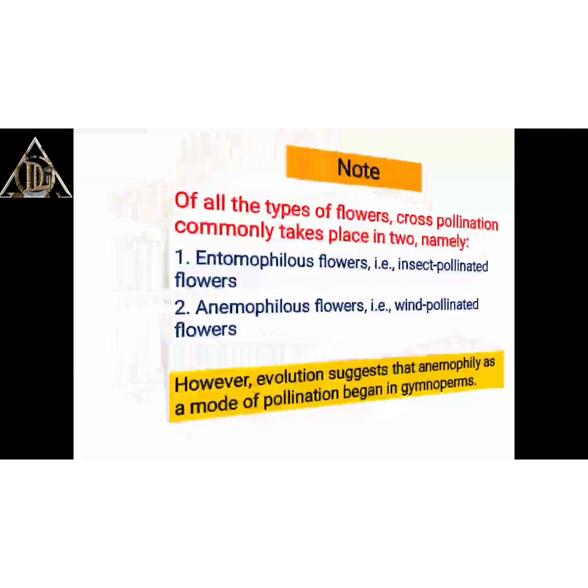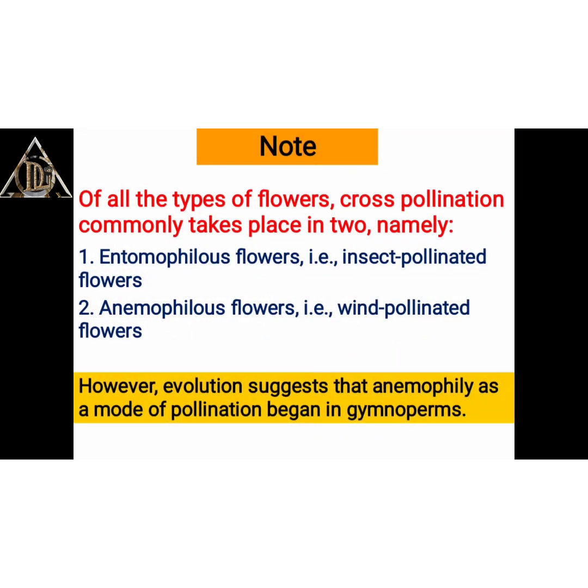Note: of all the types of flowers, cross-pollination commonly takes place in 2, namely entomophilous flowers, that is, insect-pollinated flowers, and anemophilous flowers, that is, wind-pollinated flowers.